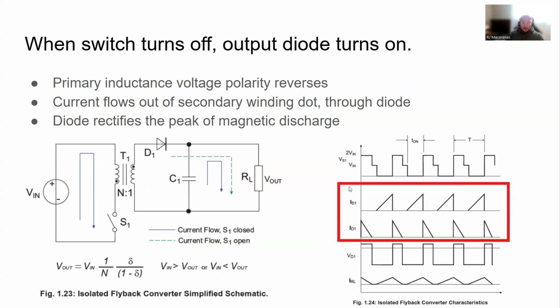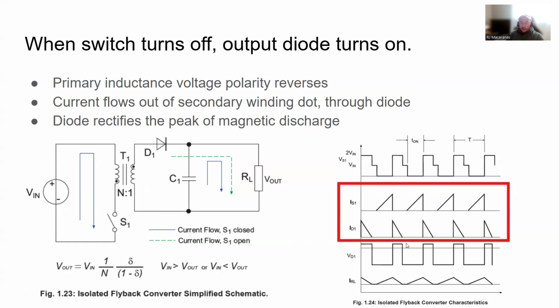Looking at the different switch waveforms, we can see when S1 is on, the diode is off, just as we talked about. There's also no voltage across the diode, which is important to note. But then as we turn it off or open it, the diode is going to conduct, right?